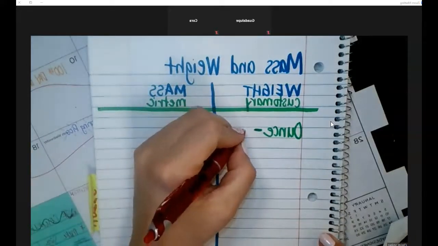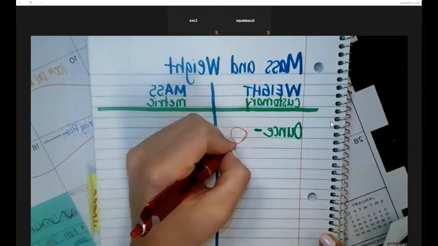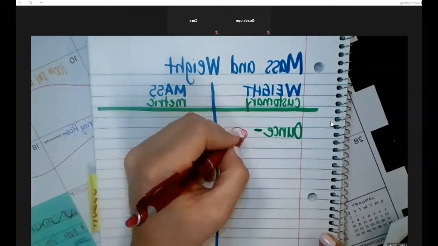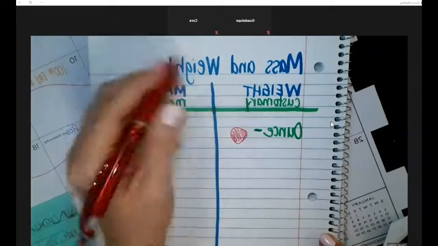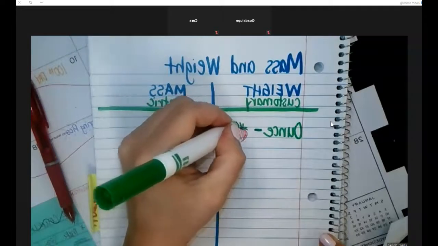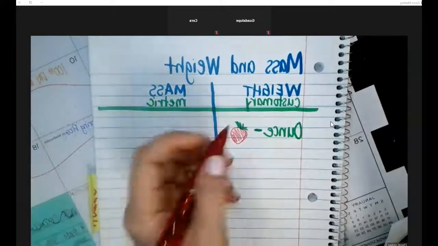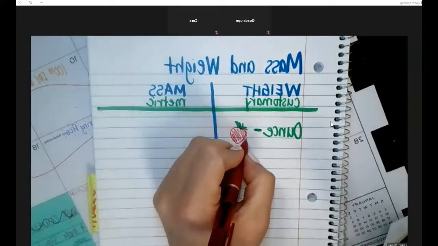Good job. A strawberry was about an ounce. Okay, so we're going to draw a strawberry. And then you can label it. So an ounce is about the weight of one strawberry.